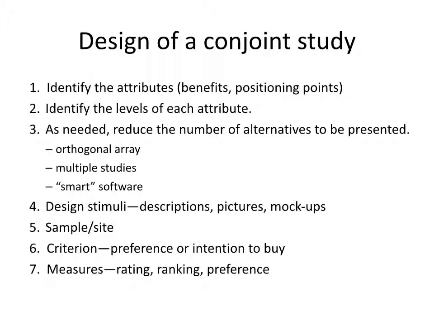Next step is to consider reducing the number of alternatives presented. Remember that the total number of configurations goes up as a product of the number of levels of attributes. So a brand that's described with 6 attributes, 4 levels of each, has hundreds and hundreds and hundreds of product configurations.